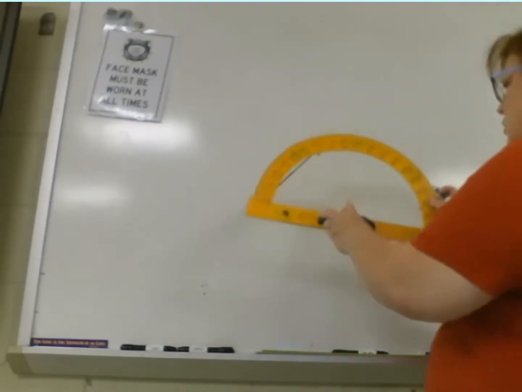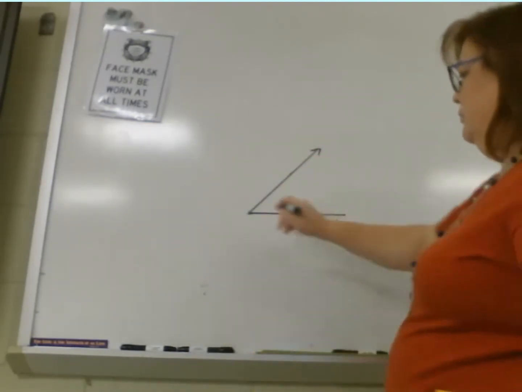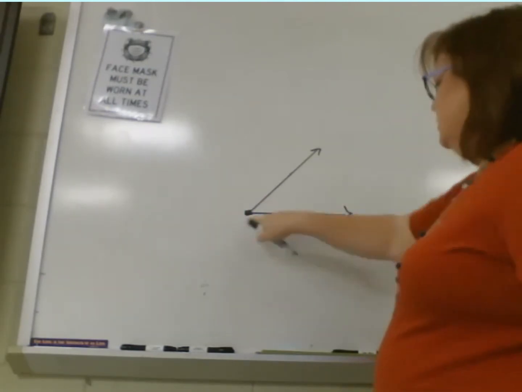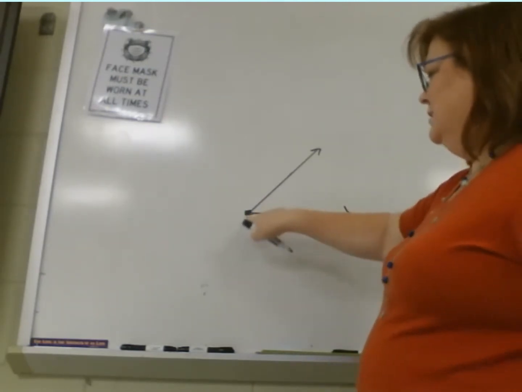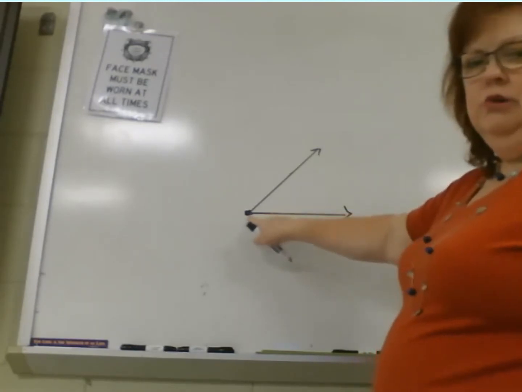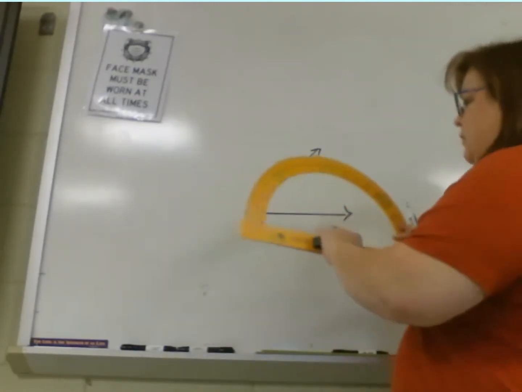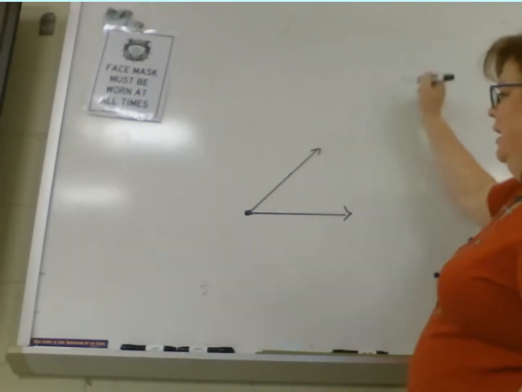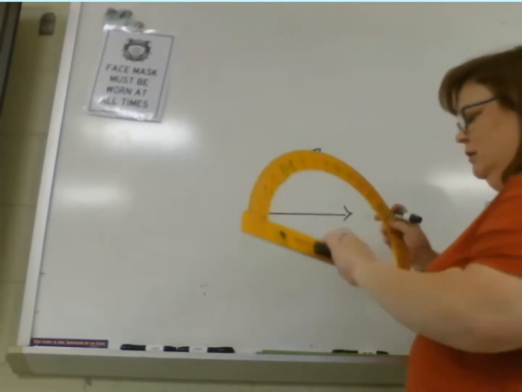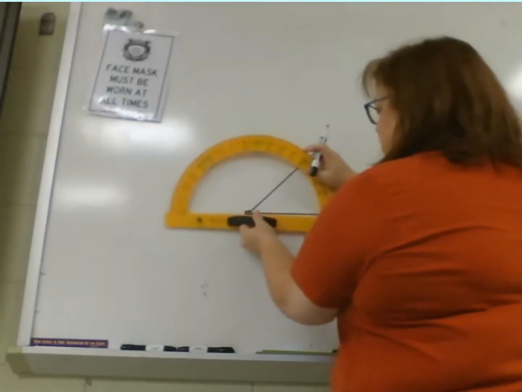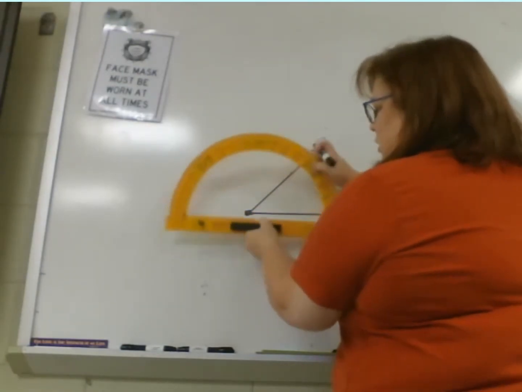So, we have our protractor. Now, remember your vertex is the corner, and that's going to be the center of your angle. When you look for the size of the angle, you usually look up inside the vertex there. The legs can go way out, or they can be real short. It doesn't matter. You're going to put your protractor and line it up with the center.